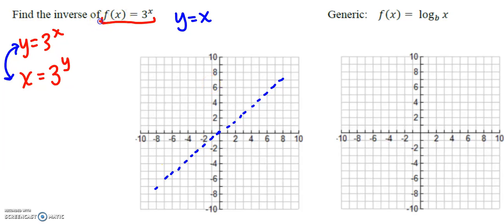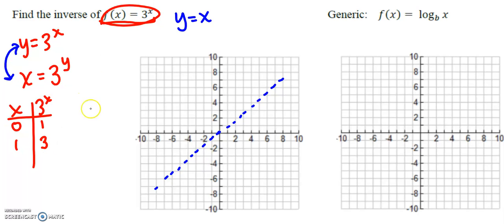So thinking about my original function, in goes, let's say, 0 and 1, out would come 1 and 3, right? Because 3 to the 0 is 1, 3 to the first is 3. Well, that means on the inverse, if I switch these, 3 to the x is my y value. So in goes 1 and out comes 0. In goes 3 and out comes 1. It's this switch around of y and x.